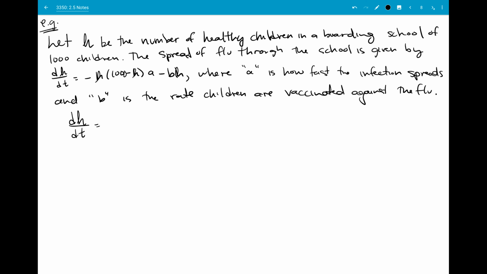And so I'm going to go ahead and multiply everything through. I'm looking at minus H times 1,000 times a plus H squared times a minus b times H, or H times (minus 1,000 times a minus b) plus a times H squared is our differential equation.